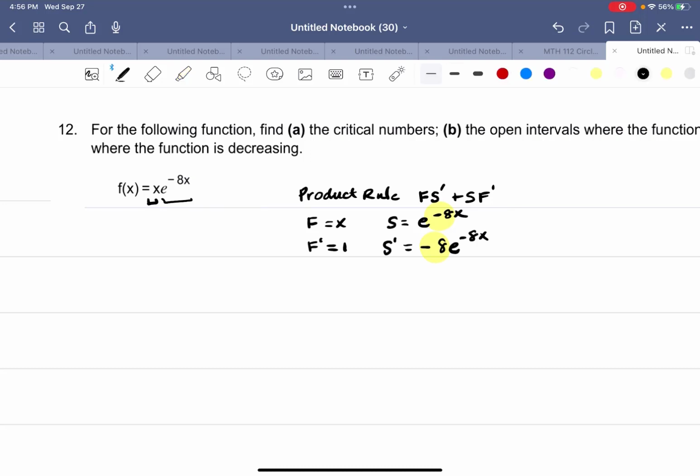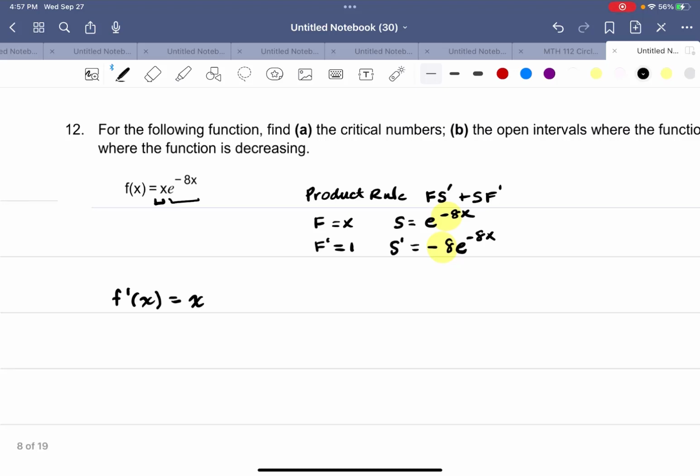So let's see what we have for f prime of x. We have the first times the derivative of the second, negative 8 e to the negative 8x, plus the second, e to the negative 8x, times the derivative of the first, which is 1.